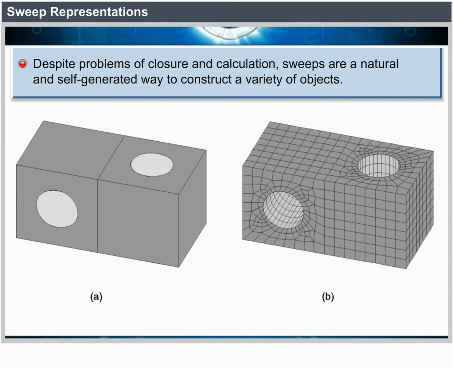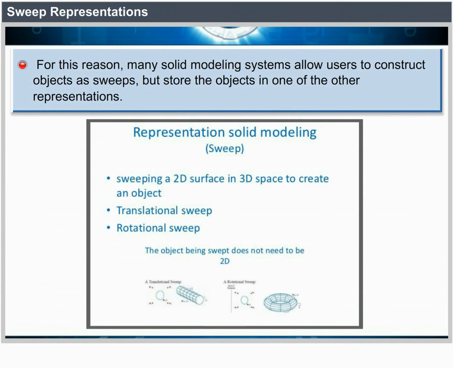Despite problems of closure and calculation, sweeps are a natural and intuitive way to construct a variety of objects. For this reason, many solid modeling systems allow users to construct objects as sweeps, but store the objects in one of the other representations. Spatial-Partitioning Representations.